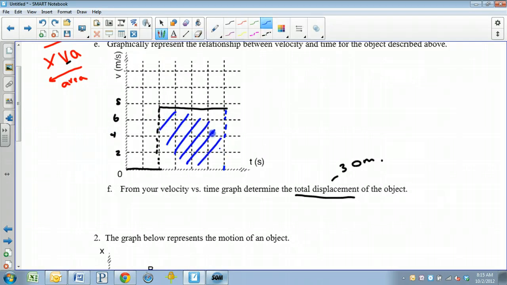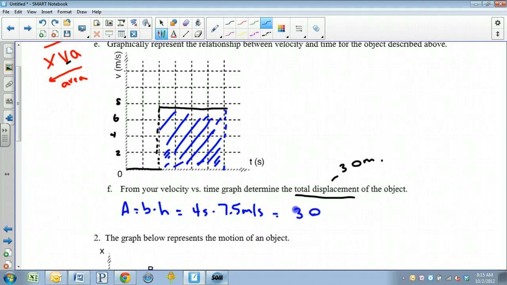So that is this blue shaded area right up here. This blue shaded area is a rectangle, and the area of a rectangle is base times height. Our base is 4 seconds, and our height is 7.5 meters per second. So 4 times 7.5 is 30. There we go.